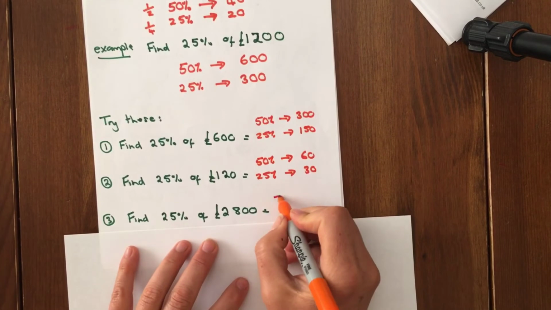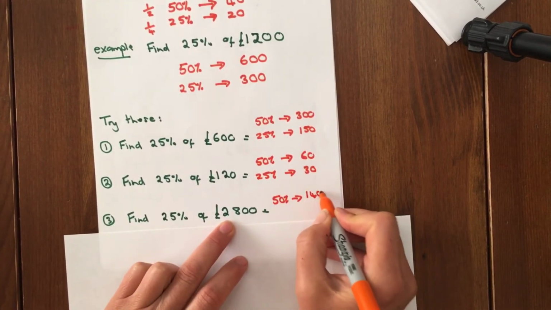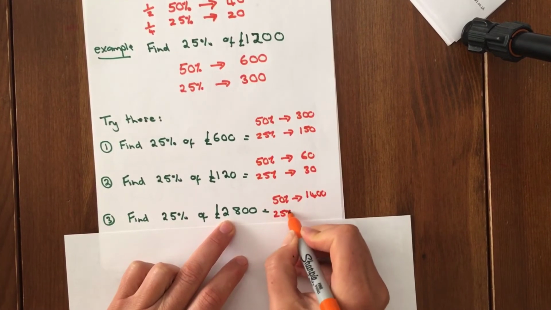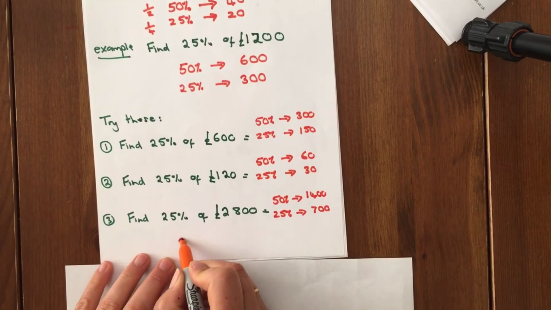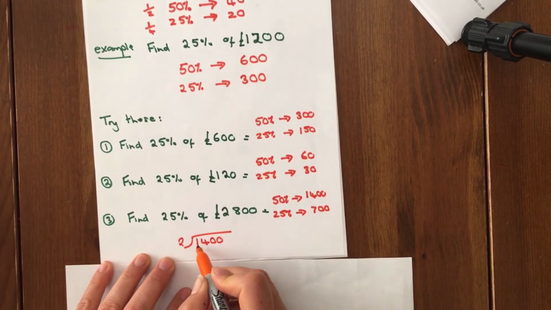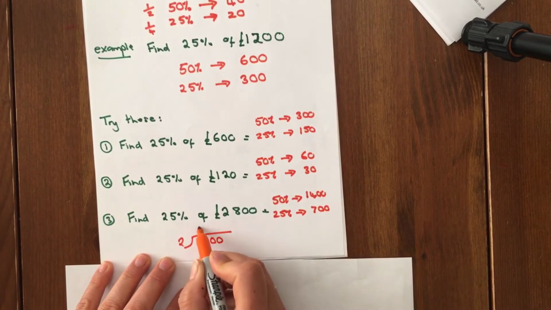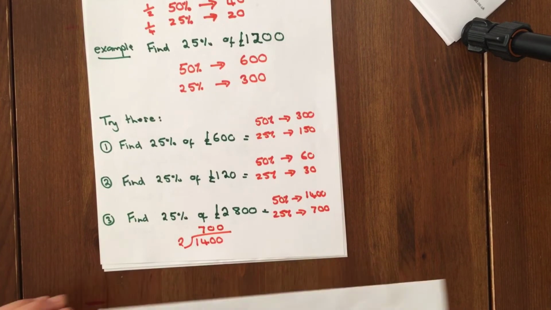Okay, next one, 50%, going to half, and to find 25%, you're going to half again. Remember, if you're not sure about halving, just use your bus stop method. 2 into 1 doesn't go, 2 into 14 goes 7, 2 into 0, 2 into 0.